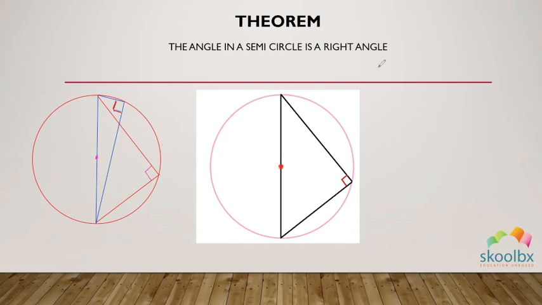Have you guys heard of this theorem which says that from a particular arc, I'm going to highlight that arc, this arc. From this arc, I've drawn an angle onto the circumference.